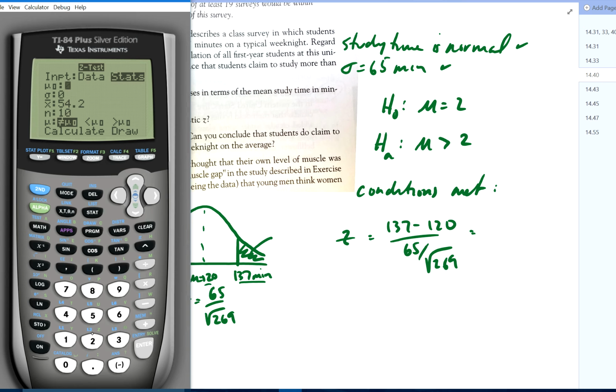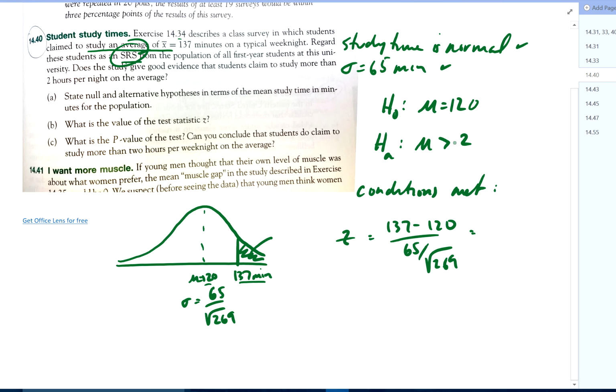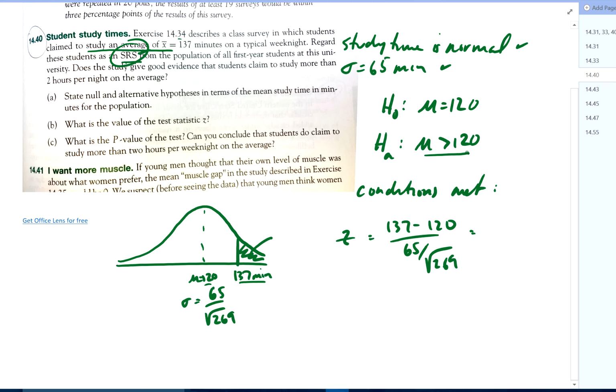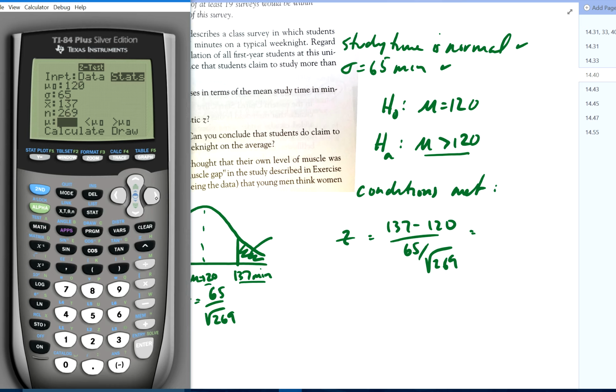I wrote 2 up here thinking it was hours, but we better switch this to 120, and greater than 120, because we're talking minutes now. So mu 0 is 120, sigma is 65 minutes, x bar is 137 minutes, and my sample size was 269. We want to know that mu is greater than mu 0, and so calculate.